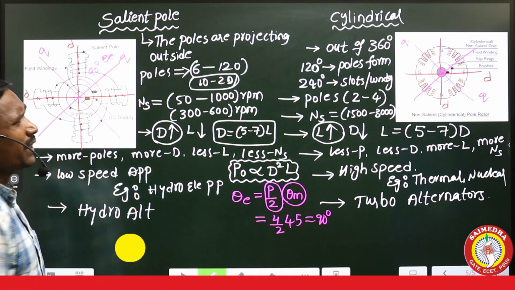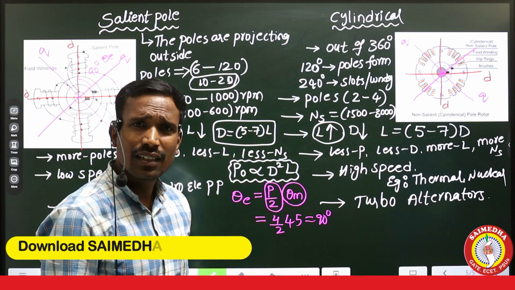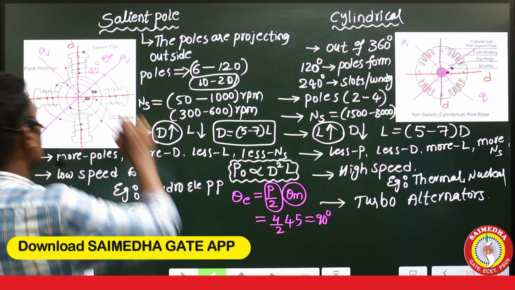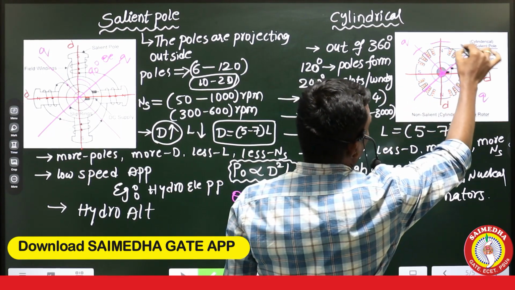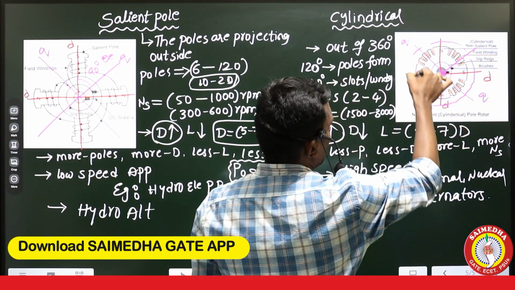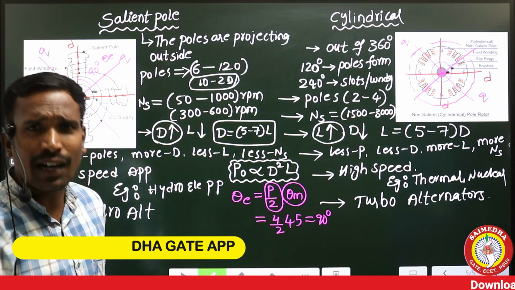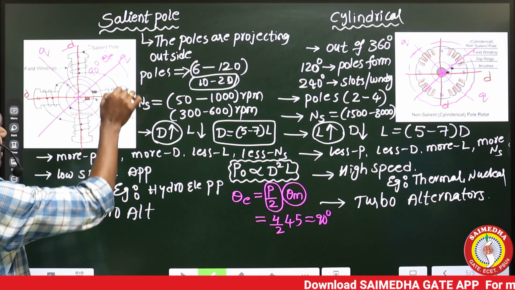Now can you see here once? In both cases, the air gap length is uniform. For example, here the stator will be there, and here also the stator will be there like this.